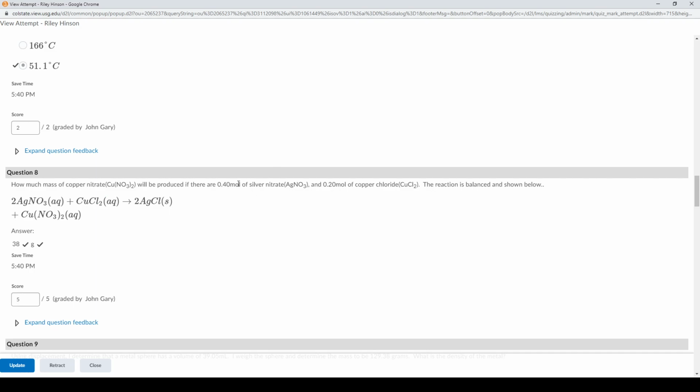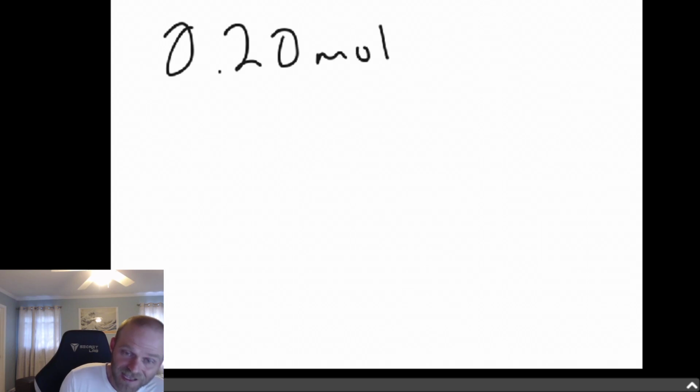Okay, so divide 0.40 by 2. That means you actually have 0.2 moles of silver nitrate, 0.2 moles of copper chloride. You have the same amount of reactants, so that's not a problem. The only thing you would do is multiply the molar mass of copper nitrate times 0.2, right? So 0.20 moles is how much I can make of the copper nitrate. Nothing else is limiting.